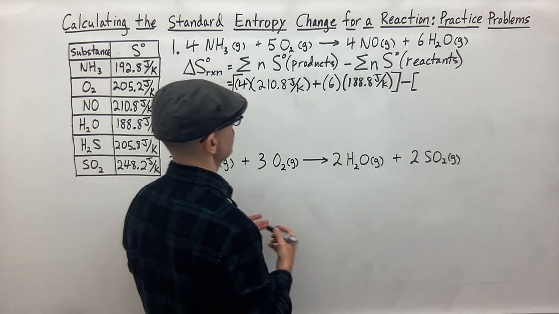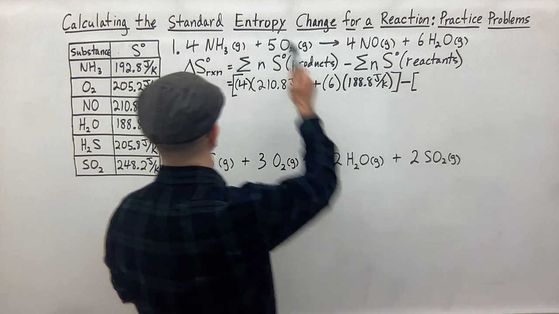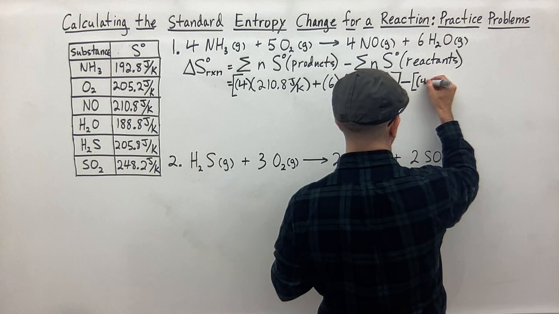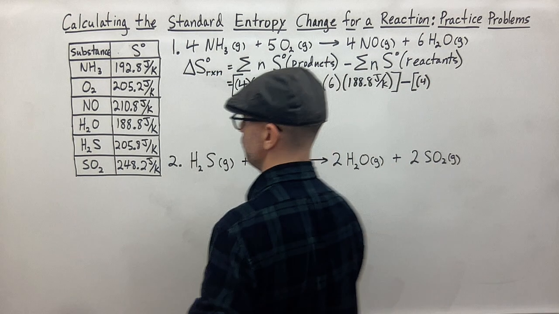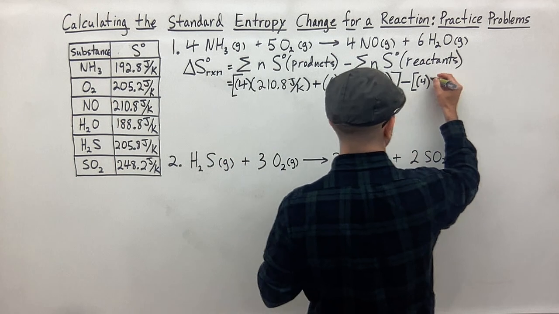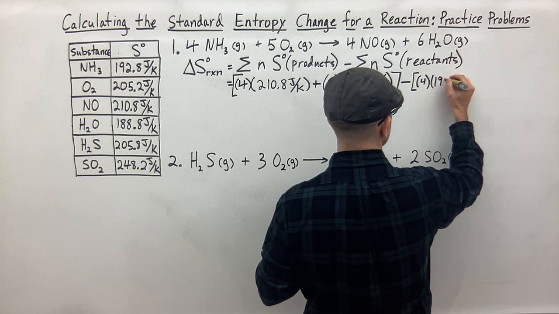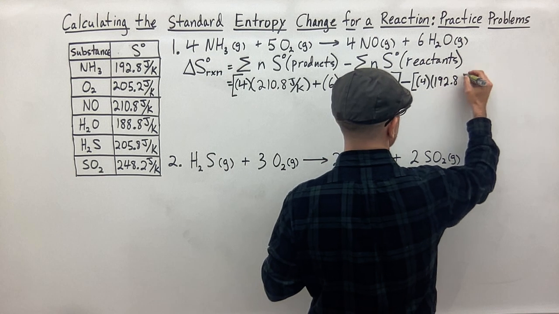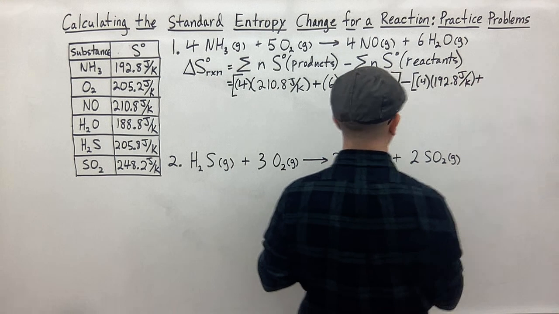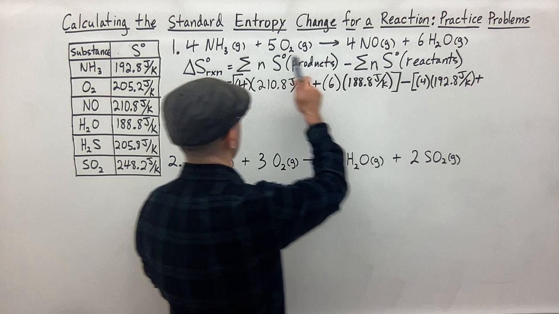Then we do the same thing for the reactants. We have 4 NH3, so that's going to be 4 times, and for NH3 it's 192.8. So we multiply 4 times 192.8 joules per Kelvin. Then we're going to add to that our oxygen.